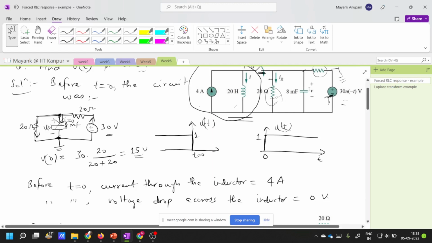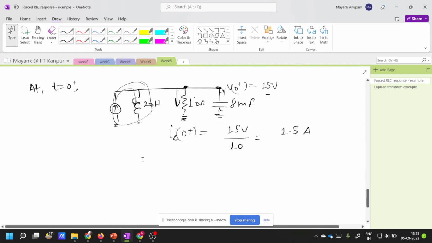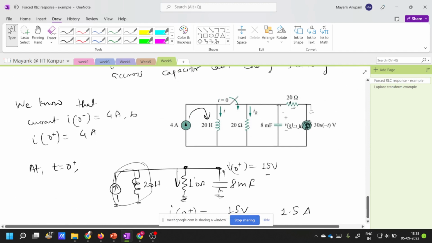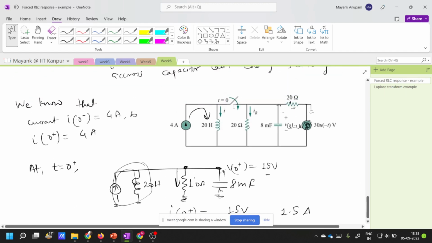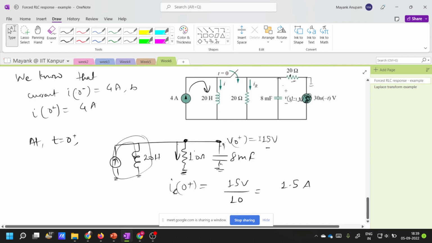So this is basically V of 0, the voltage across the capacitor at t is equal to 0, before t is equal to 0, was equal to 15 volts. Now that same voltage will be present across the capacitor at time t is equal to 0 plus, just after the switch is closed. You know this because the voltage across the capacitor cannot change suddenly, right?